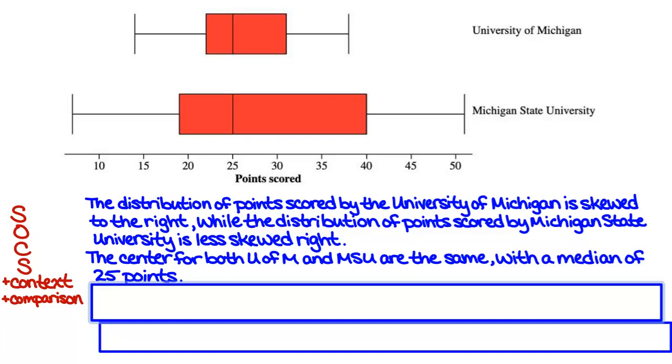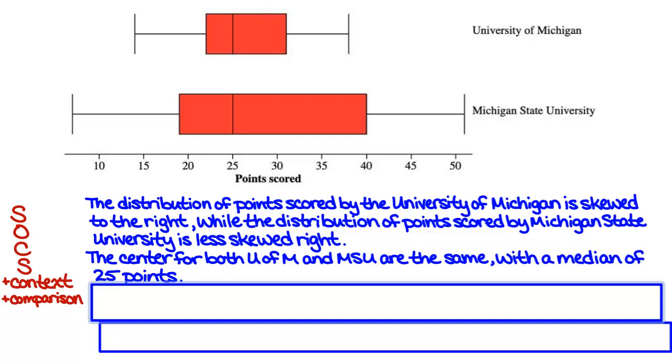Michigan State has a larger IQR. You would ballpark that at about how big? Somewhere between 19 and 22, right? What about University of Michigan? That one looks to be about how big? 8, 9, 10, like somewhere in there-ish.